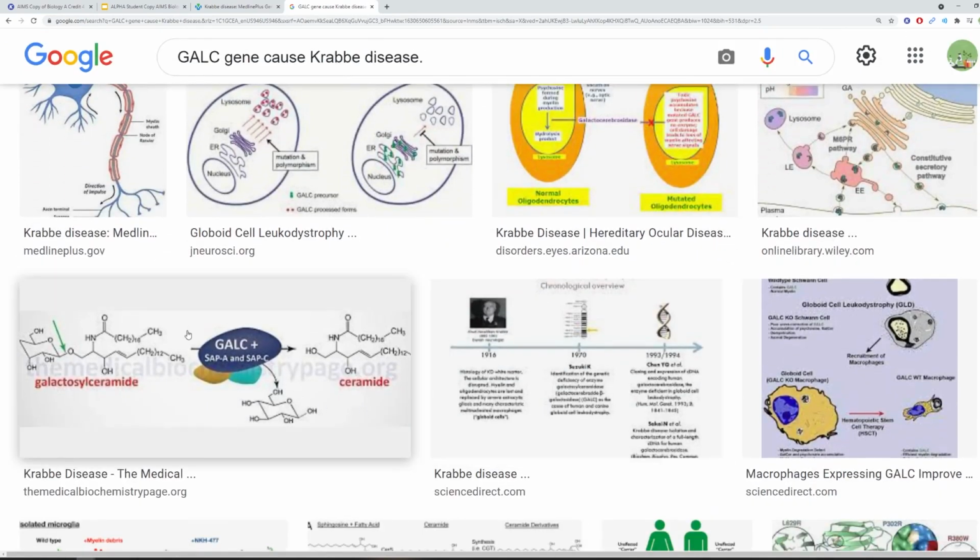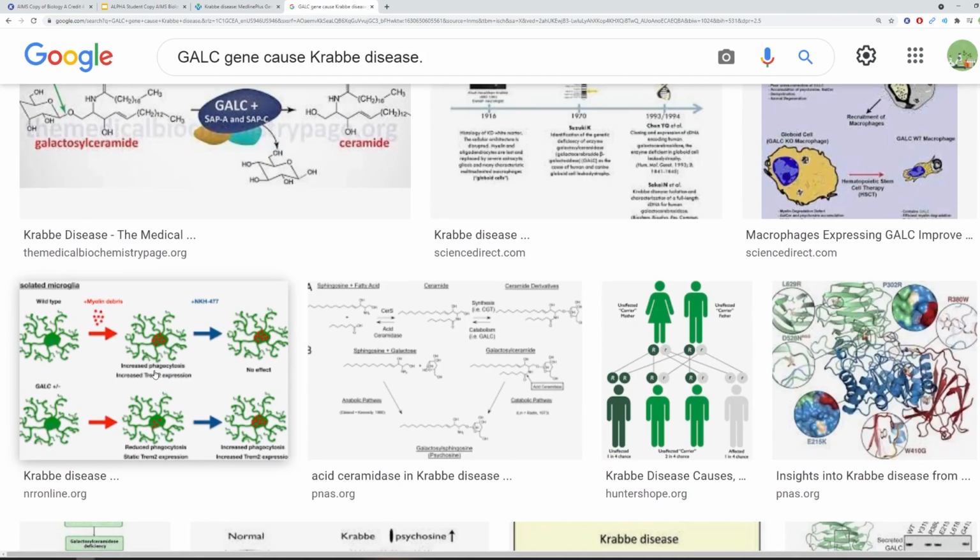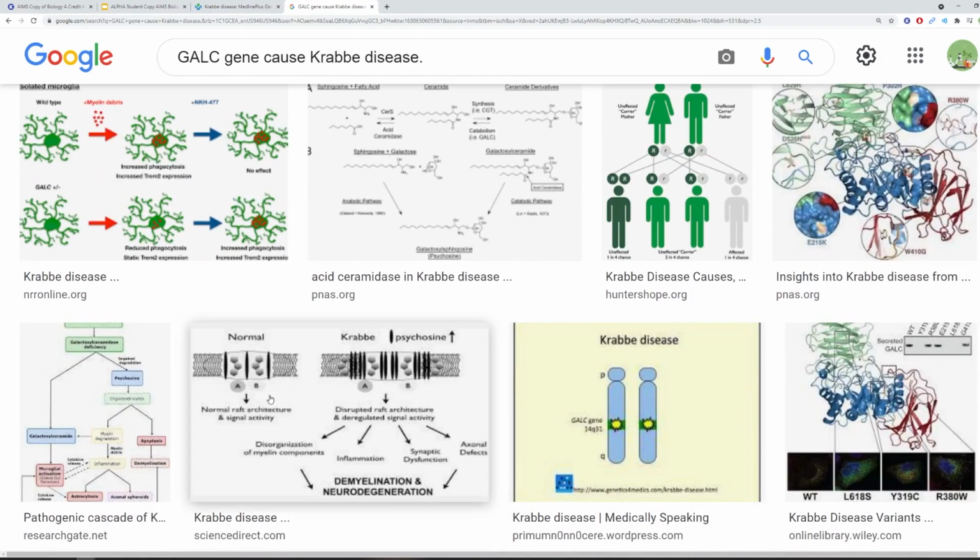Oh, hey, here it is. Here we have an image showing exactly what that enzyme is doing. Cool. So we have lots of different options to show us either how the enzyme is supposed to work or how it's not working when we have this disorder.